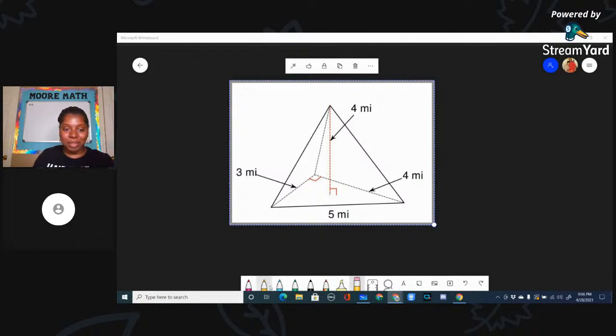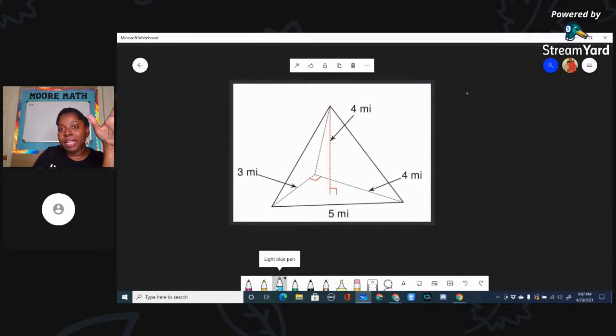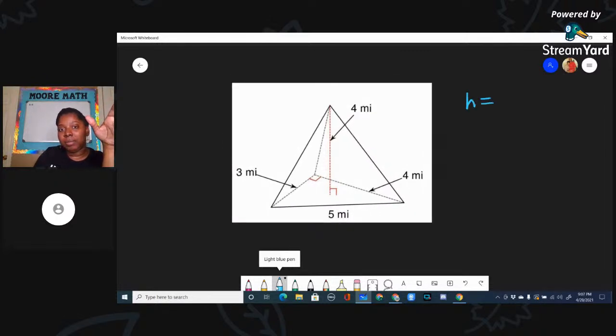Okay. You have your height. Remember, it has to form that right angle. And I told you it's usually right in the center of your pyramid, right? So that's the height. So tell me what the height is. What number goes with the height? 4. Good. Okay.